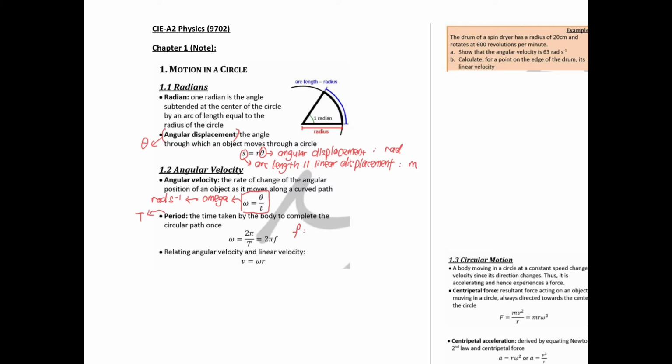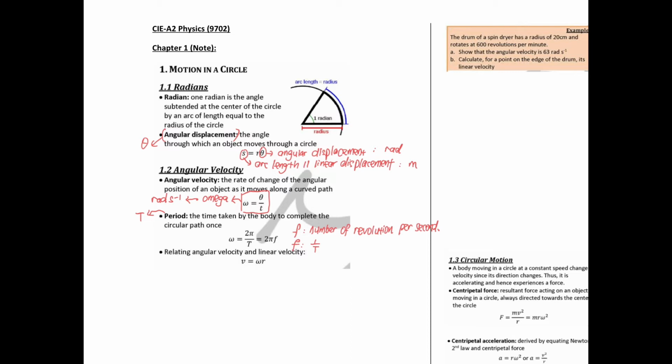So now I write down for you. Frequency is actually the number of revolution. That means how many rounds the object takes per second. So that is the meaning of frequency. And remember, frequency is 1 over period.